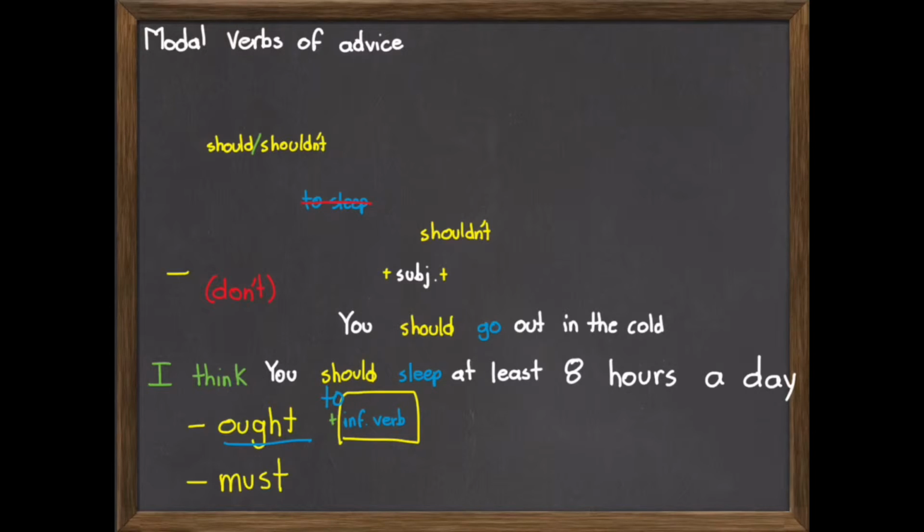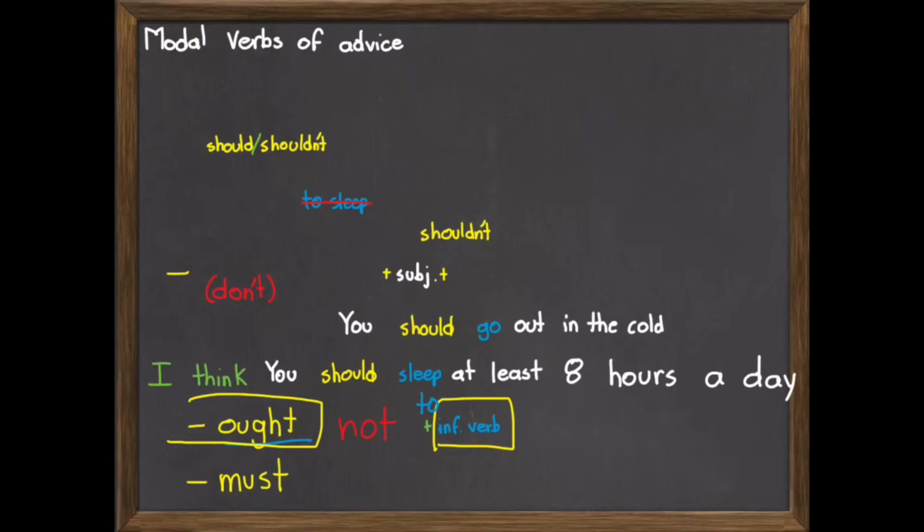Or going back to this example, you ought not watch TV without your glasses. Notice that in the negative form of this phrase, the not would go between the ought and the to and infinitive verb. In the case of must, the usage is the same as should and shouldn't.